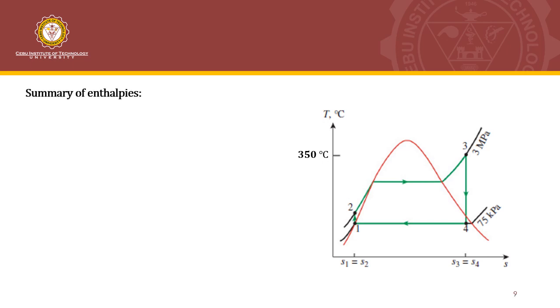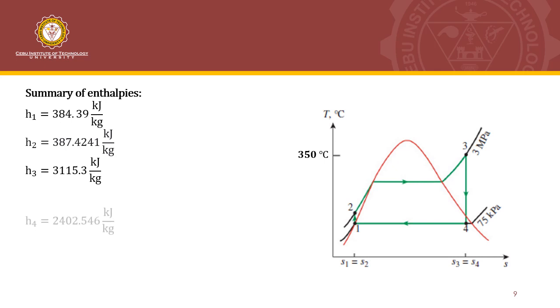By summarizing the enthalpies that we have computed so far, we have H1 equal to 384.39, H2 is 387.4241, H3 is 3115.3, and H4 is 2402.546. If you are going to examine whether it is really correct logically, first you should examine that H1 should be the lowest. So you can see here that among the values, H1 is the lowest, followed by H2.